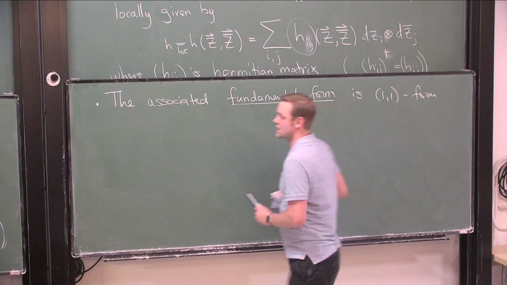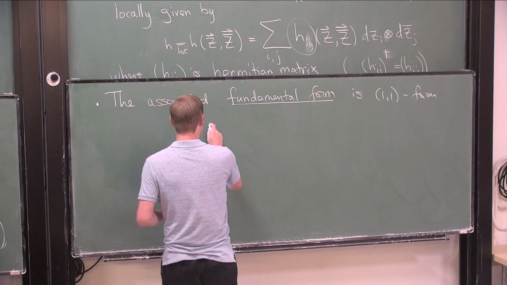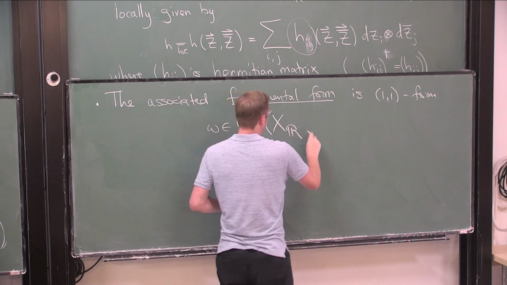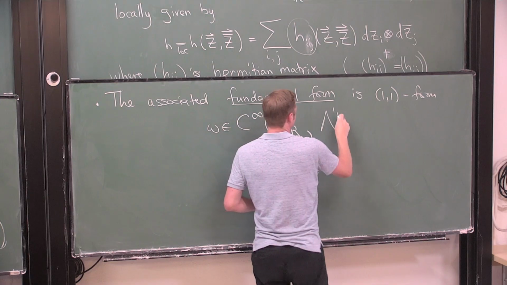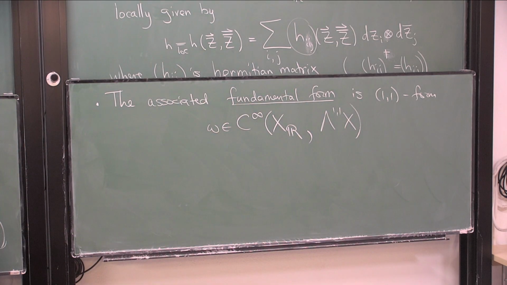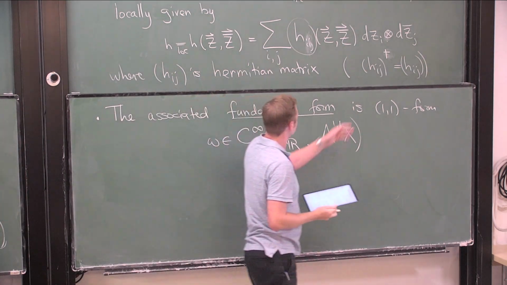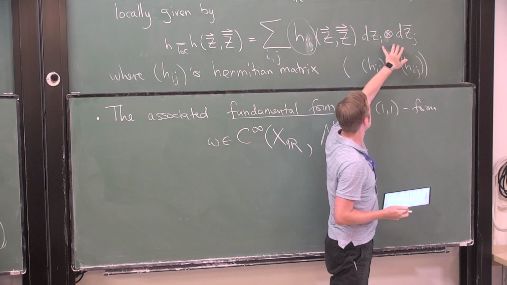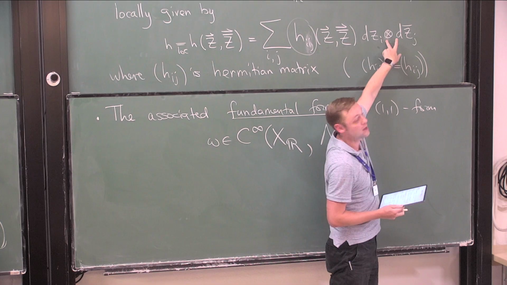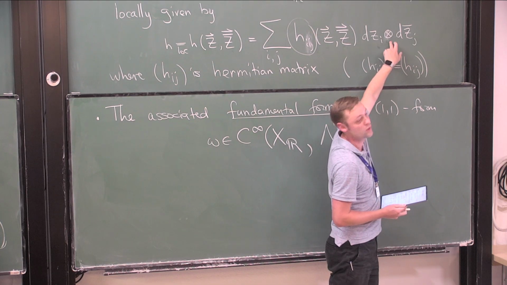In other words, it's a section of this bundle which I've highlighted in green. It's a C infinity section of this (1,1) bundle. And the way it's related to the Hermitian metric is very simple. You basically just take this 2 tensor and replace the tensor product with the wedge product. So it's the (1,1) form associated with this 2 tensor.